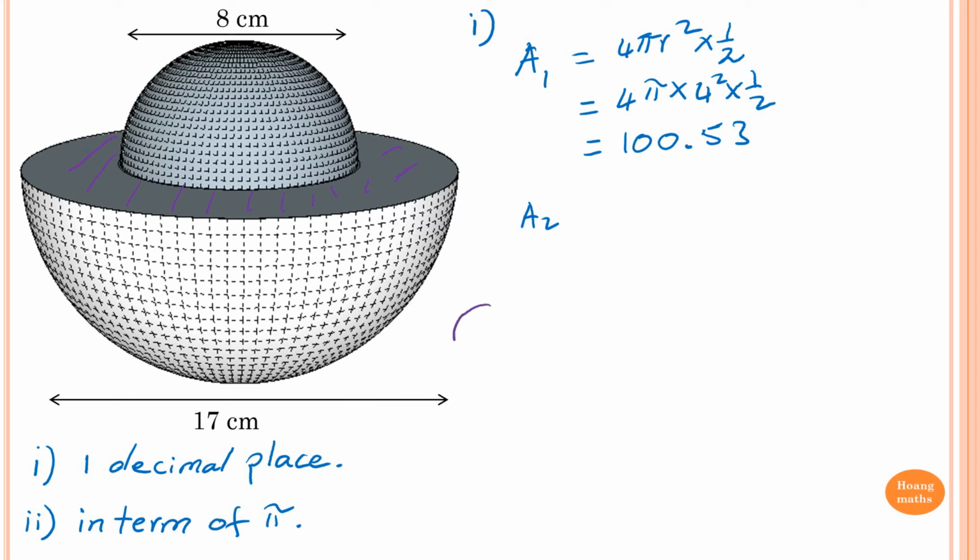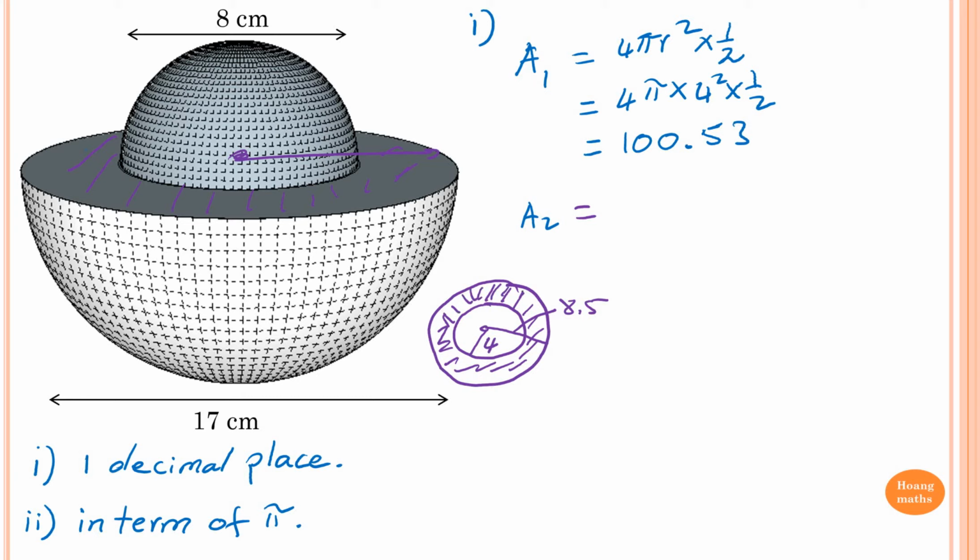If you think about it, the smaller circle, from here to here, the center, the radius is 4 centimeters, and the larger circle, from here all the way to here, is 17 divided by 2, which is 8.5. So all we need to do is find the area of the larger circle minus the smaller circle, because we want the area of this. We call it an annulus if you like.